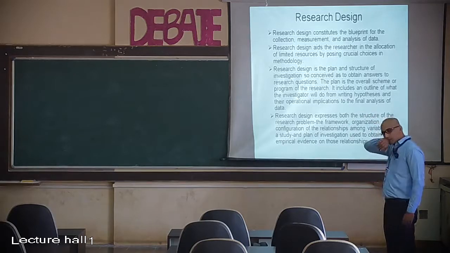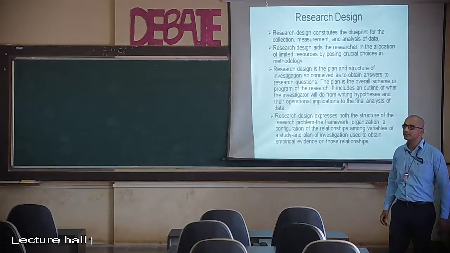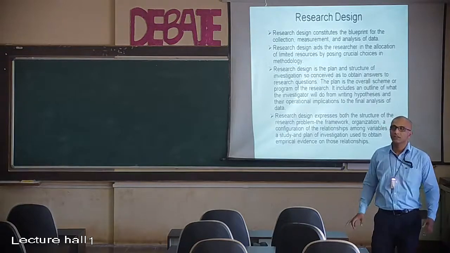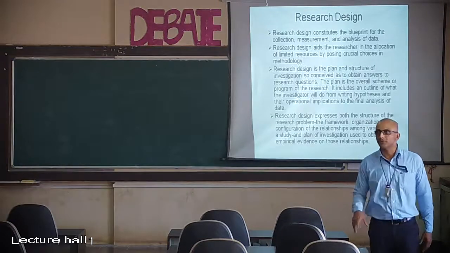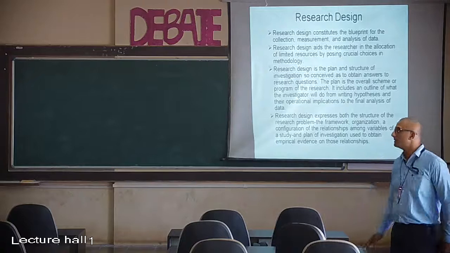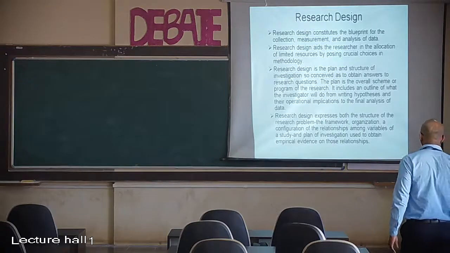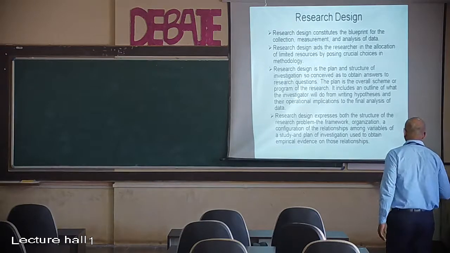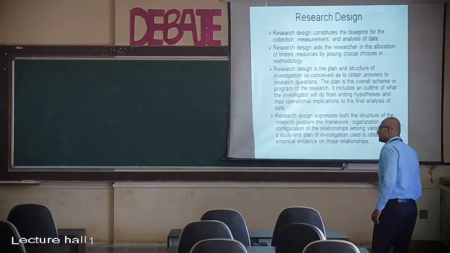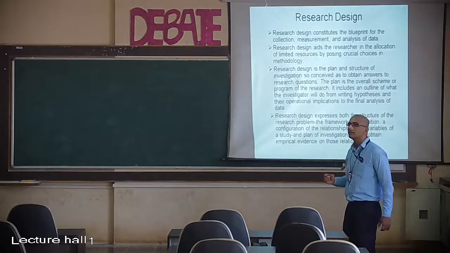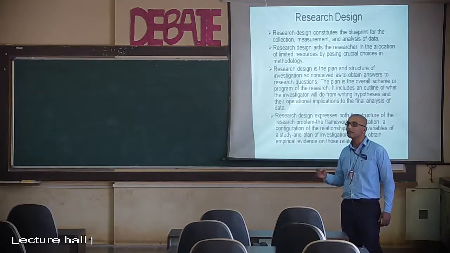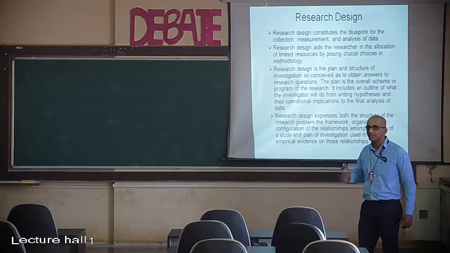So research design consists of a lot of elements and choices, wherein the researcher will exercise his or her own choices based on the budget or the time that he or she has.